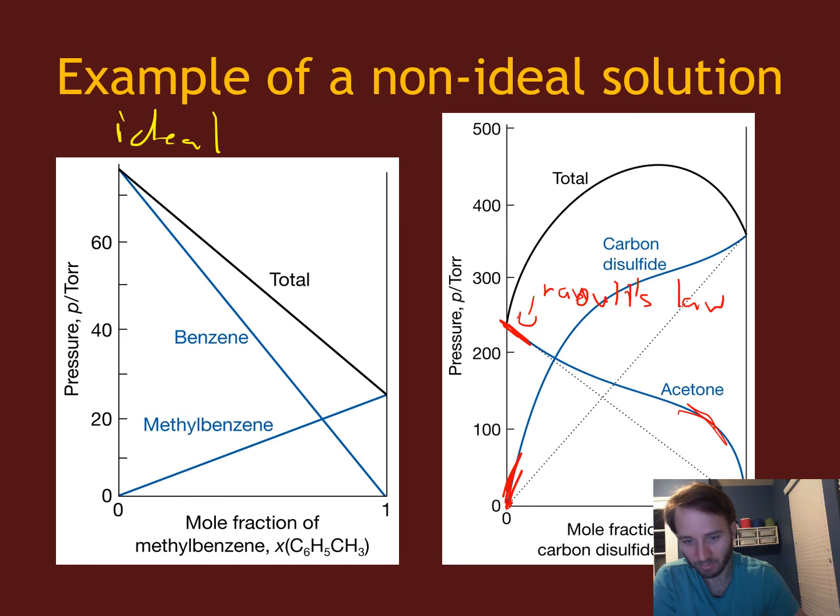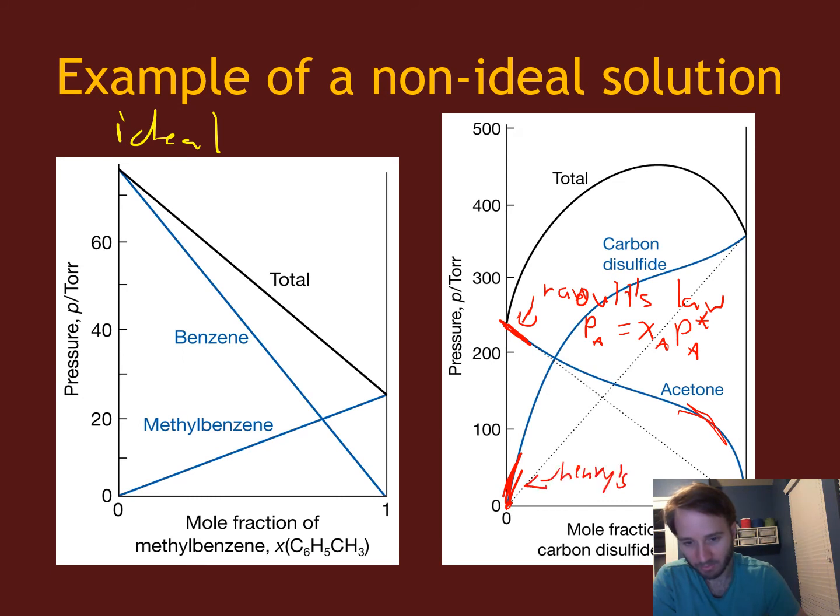Here, in this case, the pressure of acetone is going to equal the mole fraction of acetone times its vapor pressure of the pure liquid. While carbon disulfide is very dilute, and so this is going to satisfy Henry's law.